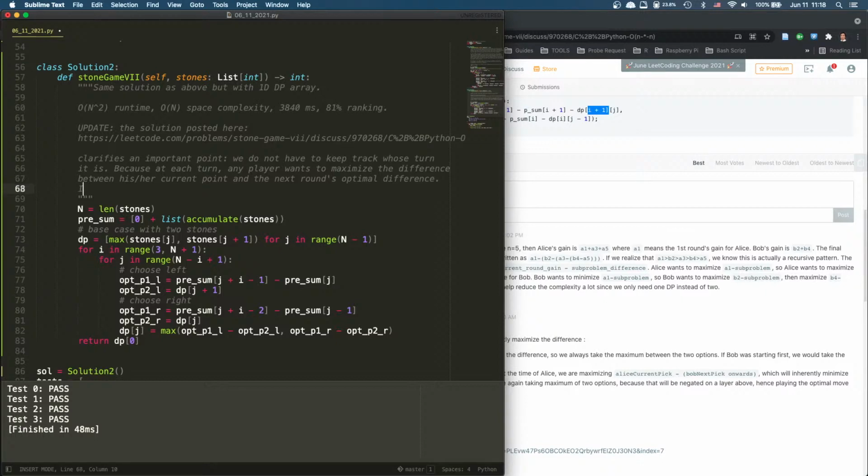In other words, both Bob and Alice's goal is actually to play optimally.